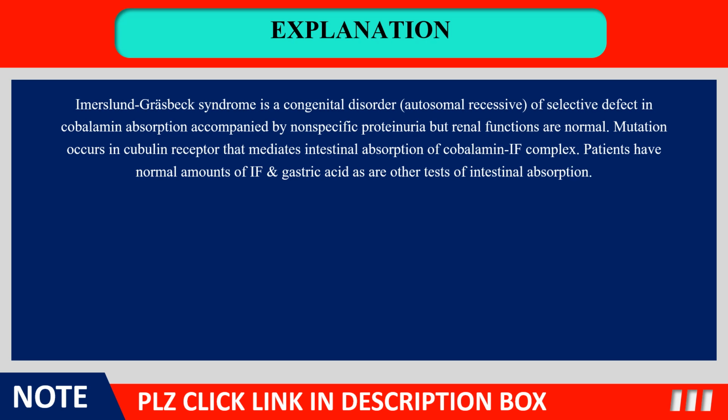Mutation occurs in tubulin receptor that mediates intestinal absorption of cobalamin intrinsic factor complex. Patients have normal amounts of intrinsic factor and gastric acid, and other tests of intestinal absorption are normal.